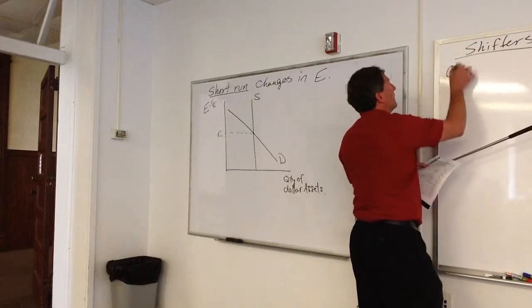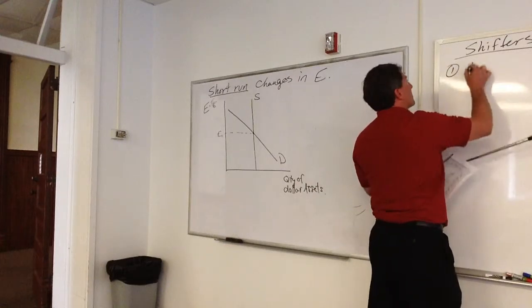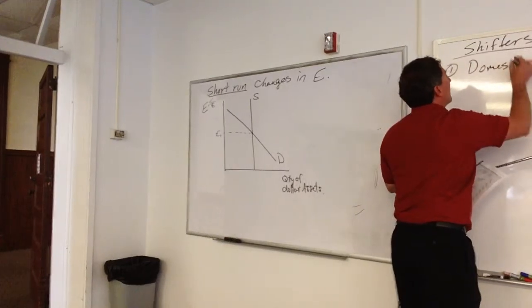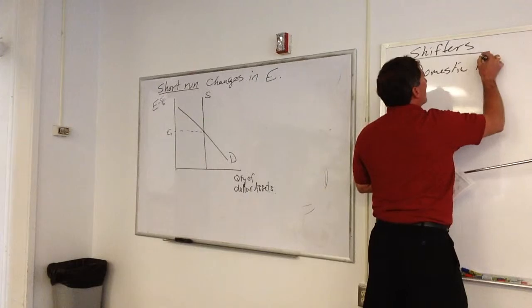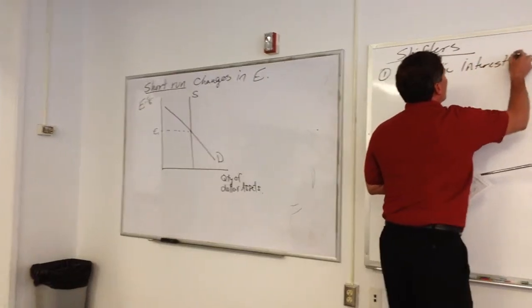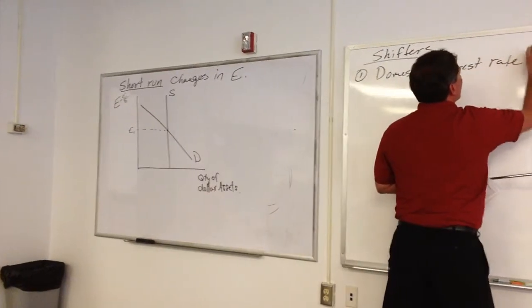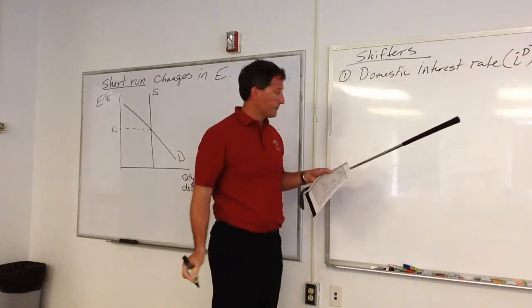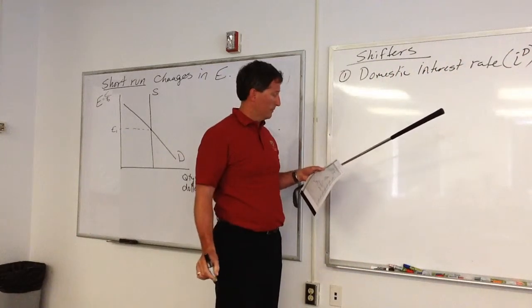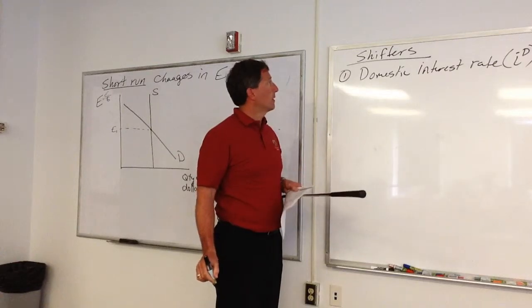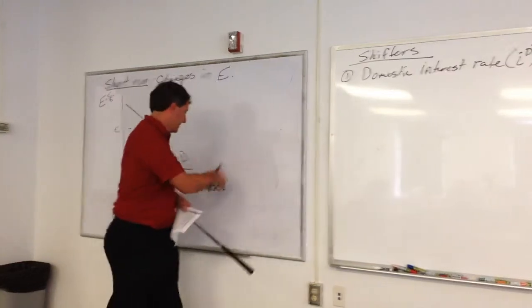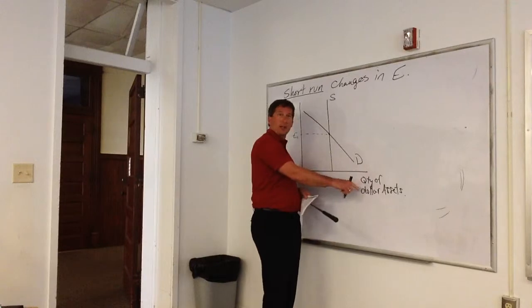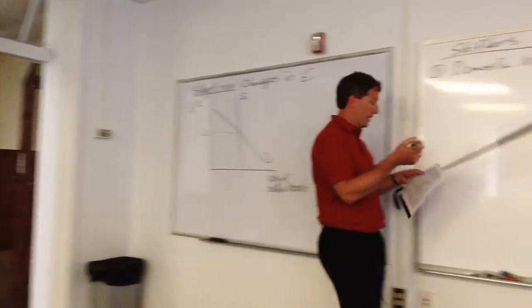So one is the domestic interest rate, script D. Again, the domestic country in this context, we're measuring dollars down here, so we're treating them as the domestic country.